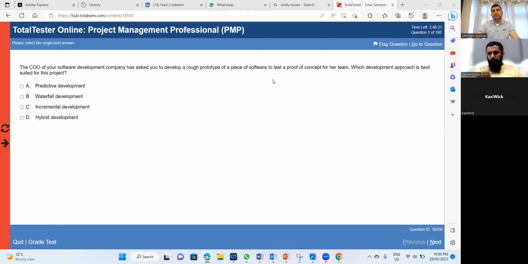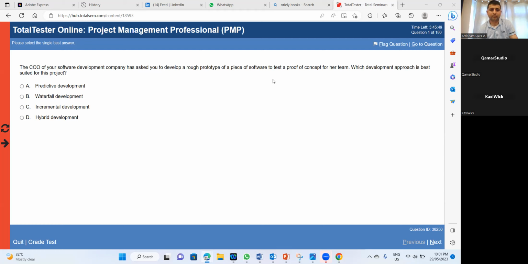But here we are asked to develop a prototype of a piece of software to test the POC, the proof of concept. So we are experimenting, creating something, testing; if it works, fine, maybe that's what we were looking for. But if it is not, we may continue to make another prototype, right?